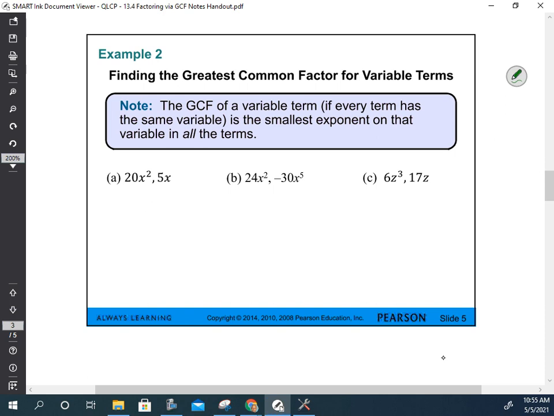So if you're taking the greatest common factor of variables, first thing, they have to have the same variable. That's important. Everything's going to have the same letter. So in the case of A, you have 20x squared and 5x.